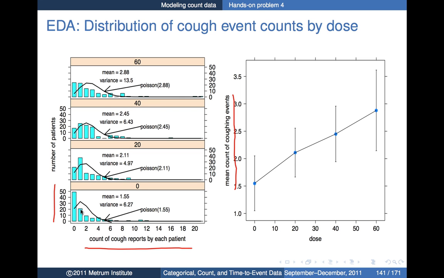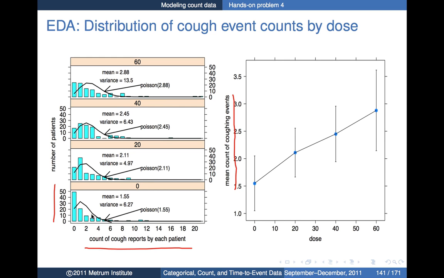Then 20 patients had 1 coughing event. Looks like somewhere around 8 or so had 2 coughing events, and so on. And you can make that same kind of inference as you go up. And in general, it's shifting a bit to the right as we go up in dose.